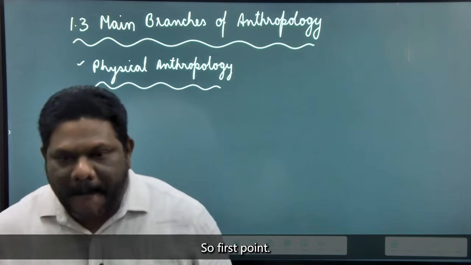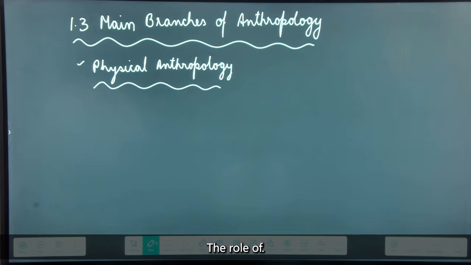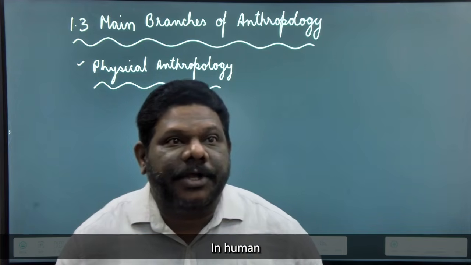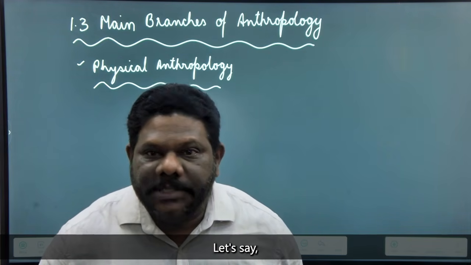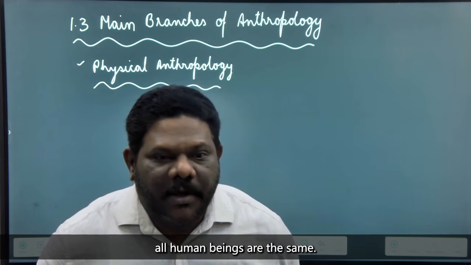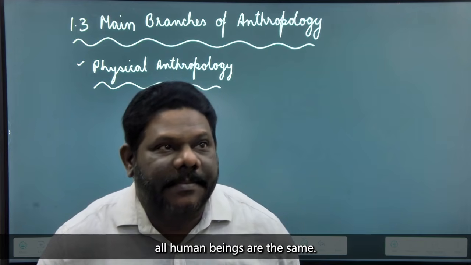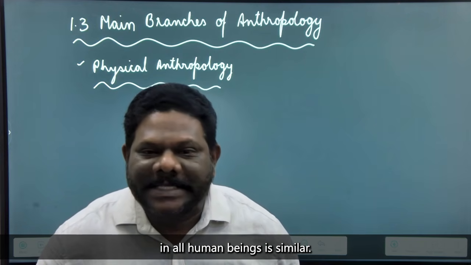So first point, physical anthropology, in understanding the role of environment in human evolution and reconstructing it. Like say for example, you take human genetics. Human genetics proves that all human beings are the same. 99.9% of DNA in all human beings is similar.